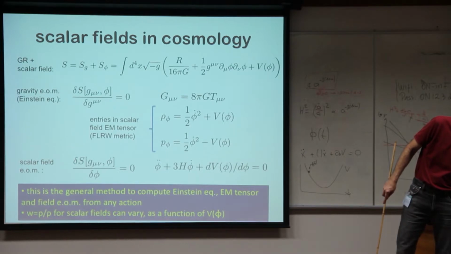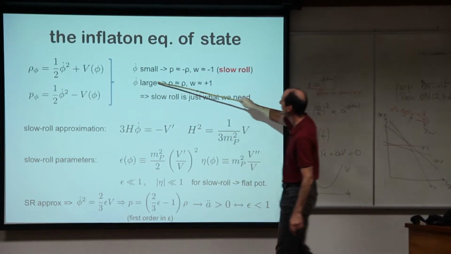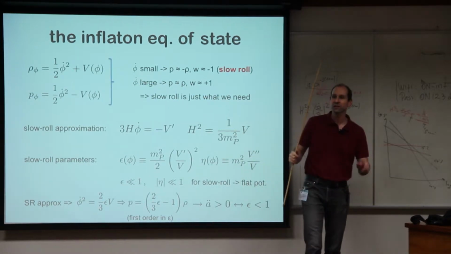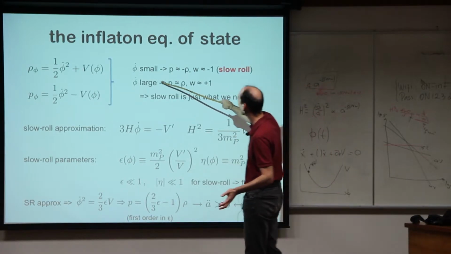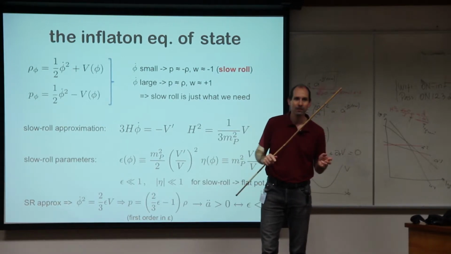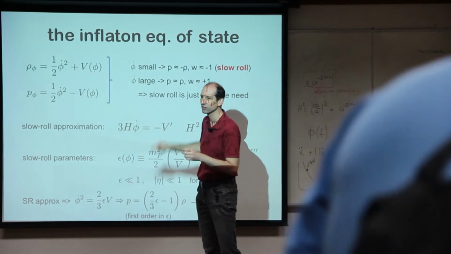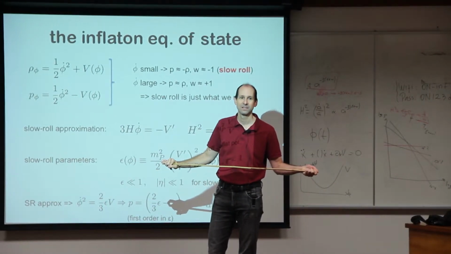Okay. And so that's why it makes sense then to ask, what is phi dot? Phi dot you can think of as the velocity of the field, like x dot. And so if phi dot is large, so the field moves rapidly, then what is the equation of state?